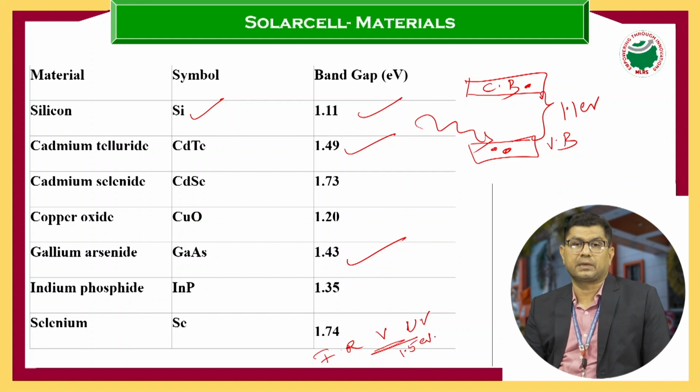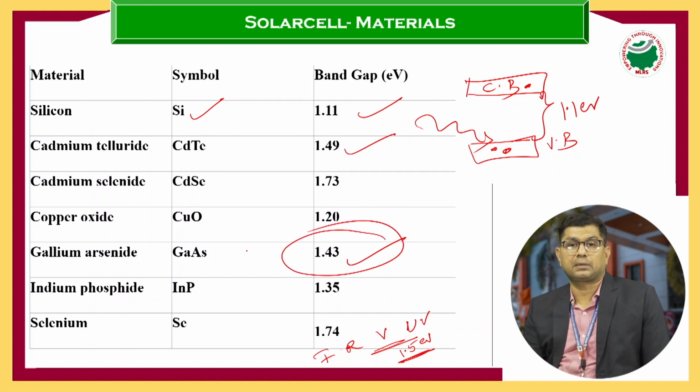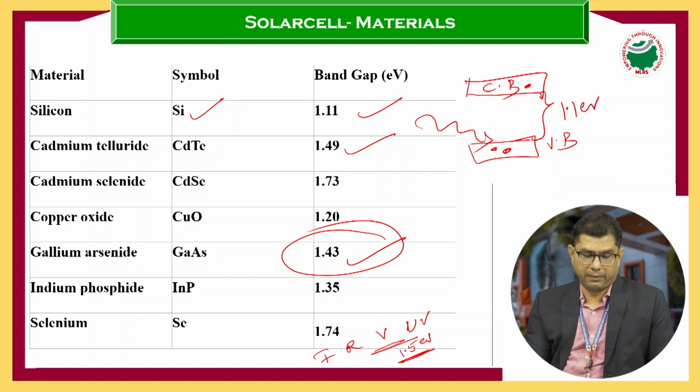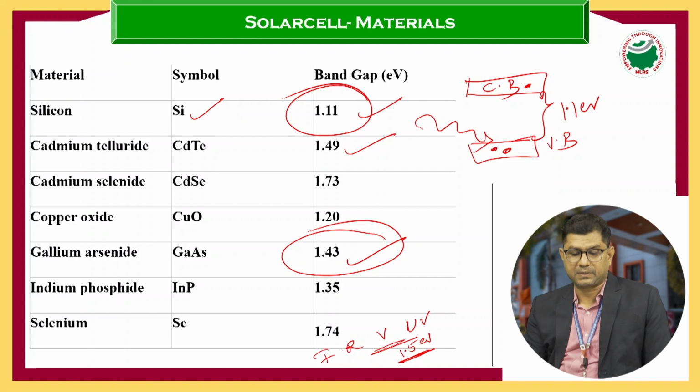This is the visible spectrum energy I am talking about. In this energy range is gallium arsenide, but gallium arsenide is a little costly material. That's why we prefer silicon in manufacturing of solar cells. The P-type and N-type semiconductors are developed using silicon as the host material, which is abundant on the earth.